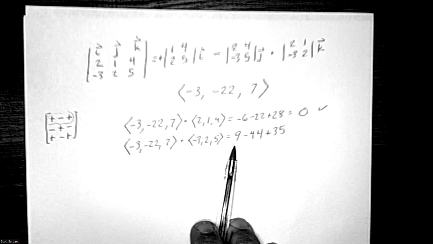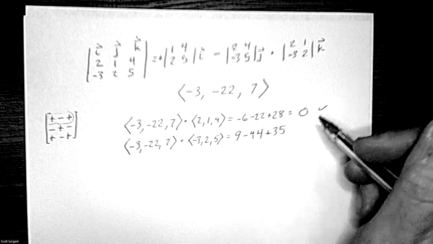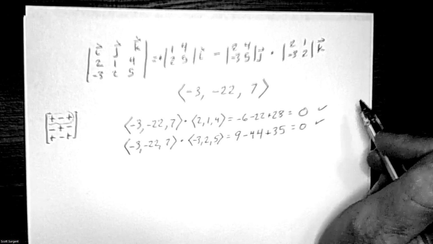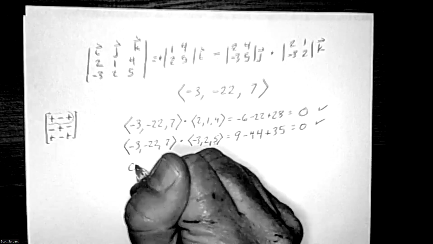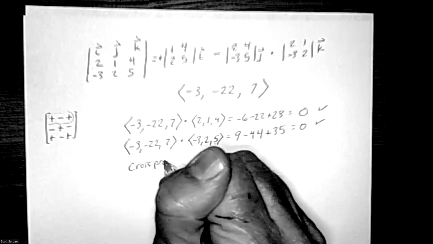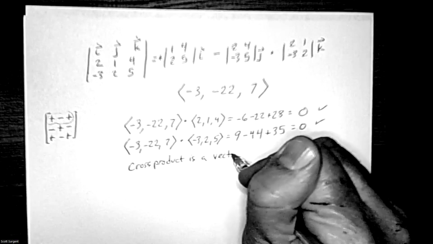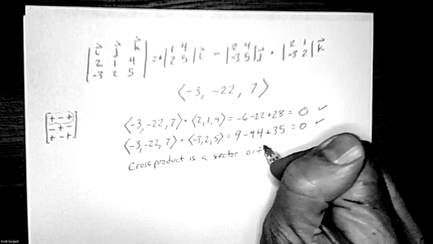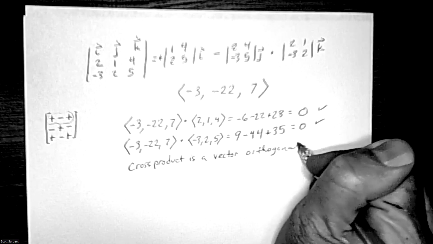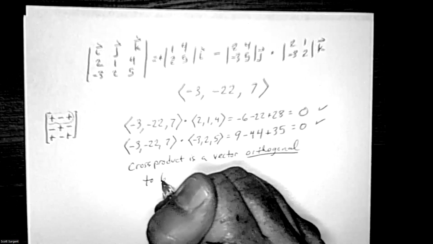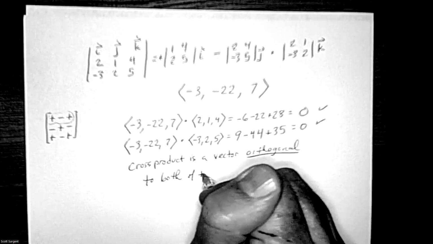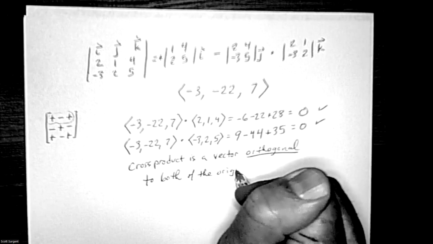And sure enough, 9 and 35 make 44. 44 take away 44 is 0. So it worked out. The cross product is a vector orthogonal to both of the original vectors. This is a great way to check your work.